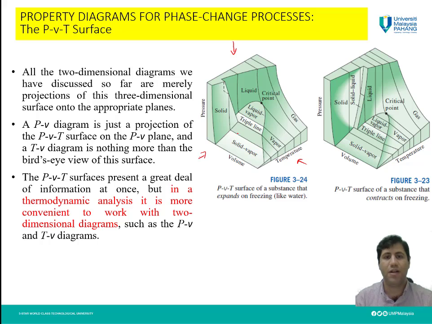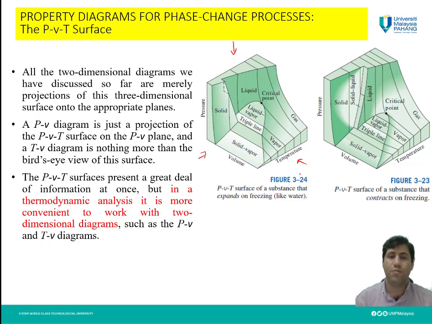But if you notice here, it is a comprehensive diagram. In thermodynamics, we usually just use 2D diagrams. So I'm not going to go further and discuss more about these 3D diagrams.